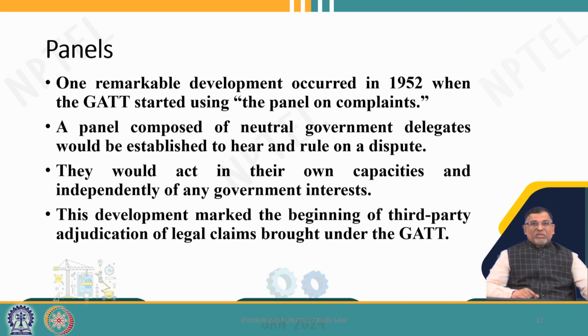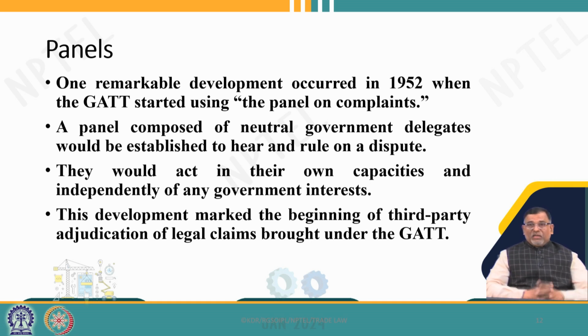And then you can see that in 1952, the use of these panels started in the 1950s itself. Panels, most importantly, are independent persons or government delegates, independent, with nothing to do with the parties.